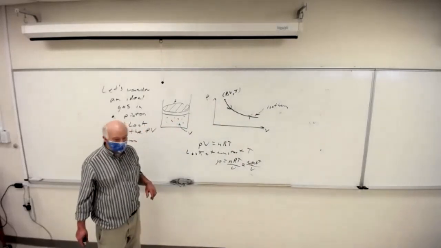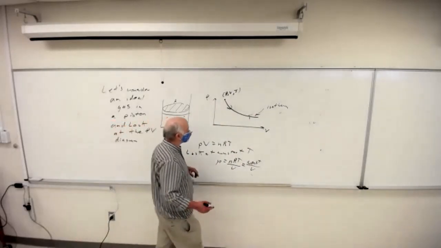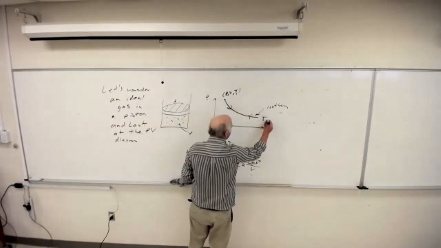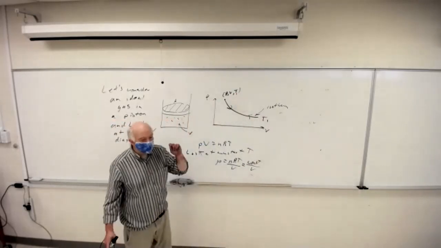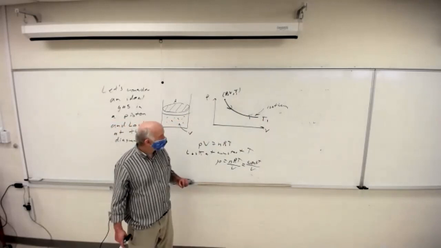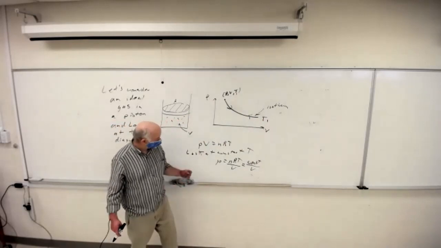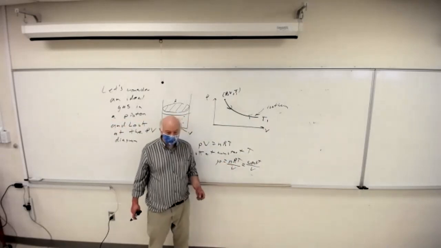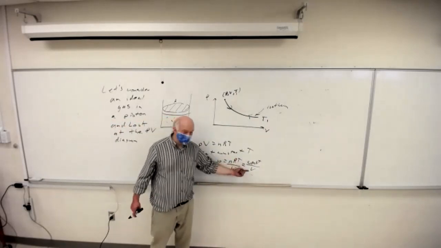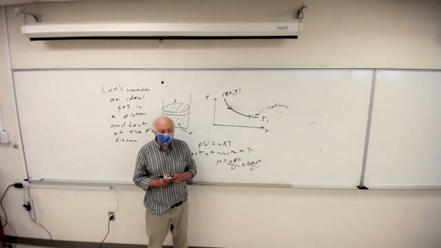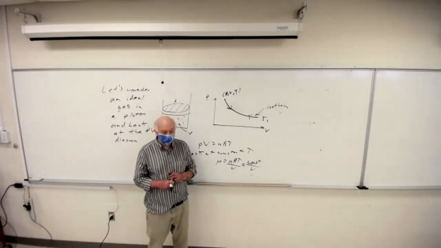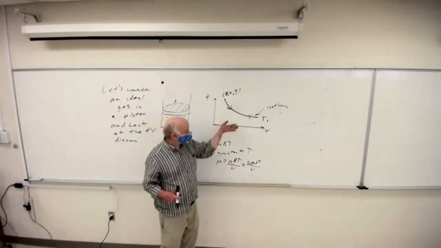Okay. Now we said that this is for some temperature. I'm going to call this T1. So this is T1. How do we say this? If we increase the temperature, how do the different isotherms look? So if we increase this constant, so I have a bigger constant over the volume, how does that look? It's the same, but this is higher.